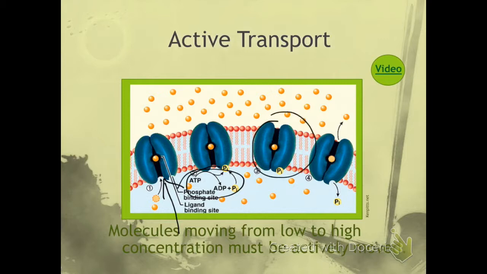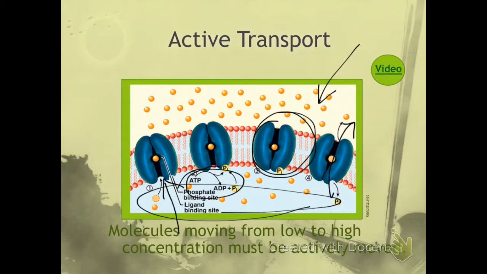This causes a change in the shape of this pump protein, so now it's open to the outside of the cell, and then the molecule can be released. And so as you can see, in this case, the inside of the cell has a lower concentration and we're moving to an area of higher concentration. So energy must be expended for this to happen.